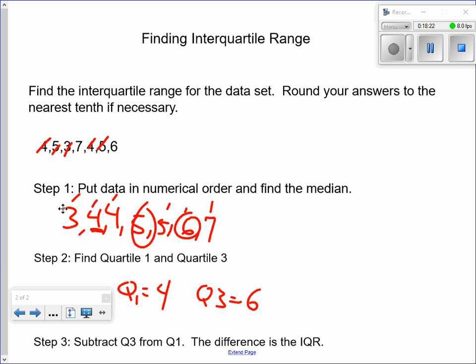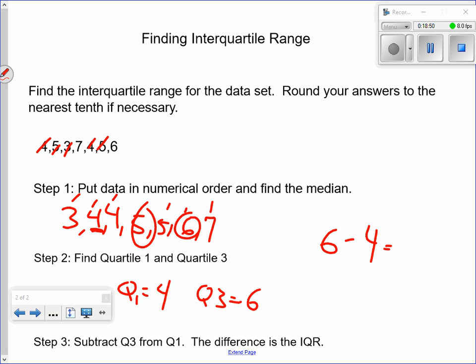Step number 3, down here at the bottom, it says subtract Q1 from Q3. The difference is the IQR, or the interquartile range. So basically you take Q3 minus Q1, which is 6 minus 4.